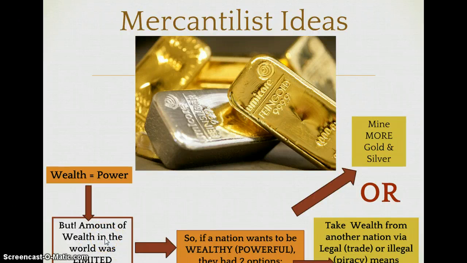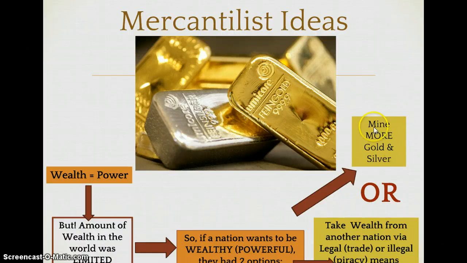Okay, so the idea is, of course, under the third bullet point there, that if a nation wants to be wealthy, i.e. powerful, they had two options to gain wealth. They could, A, take wealth from another nation via trade or illegal means, right? So they could do legal or illegal means, trading with other countries, or piracy. The English were very good pirates.